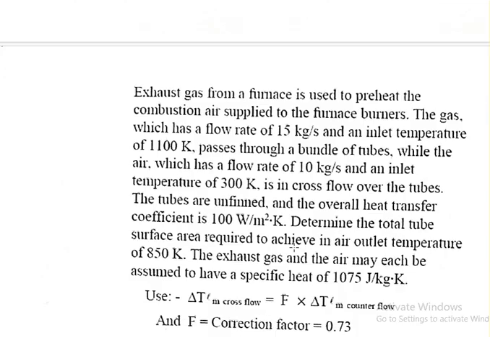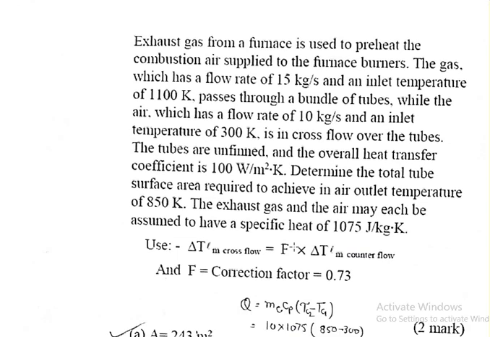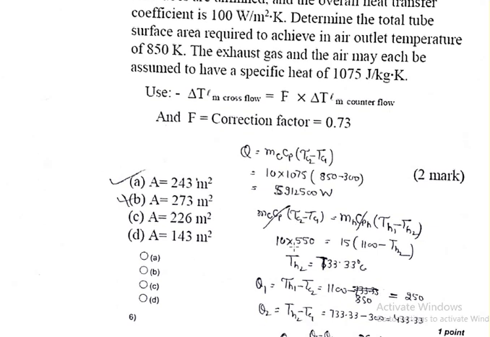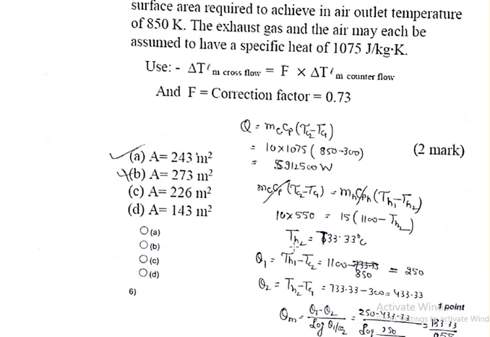Now come to the next question. It is again a numerical. Here all data are given, the solution is given below. You will get the answer 243 meter square. As we applied in questions 3 and 4, the same formulas are applied here. Here Cp of cold fluid and hot fluid will be the same.